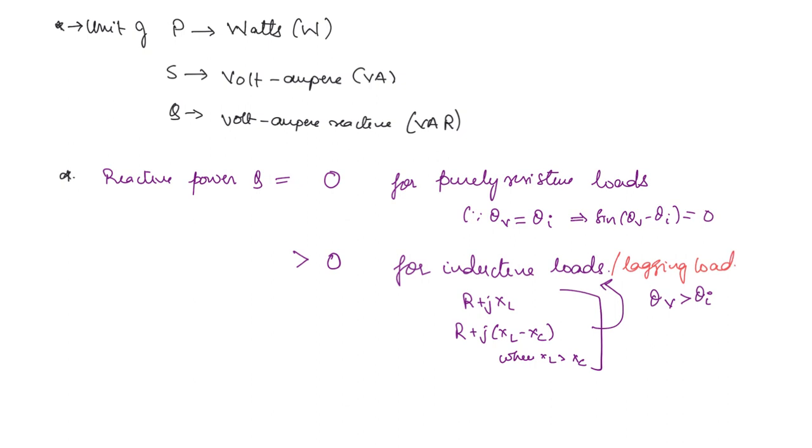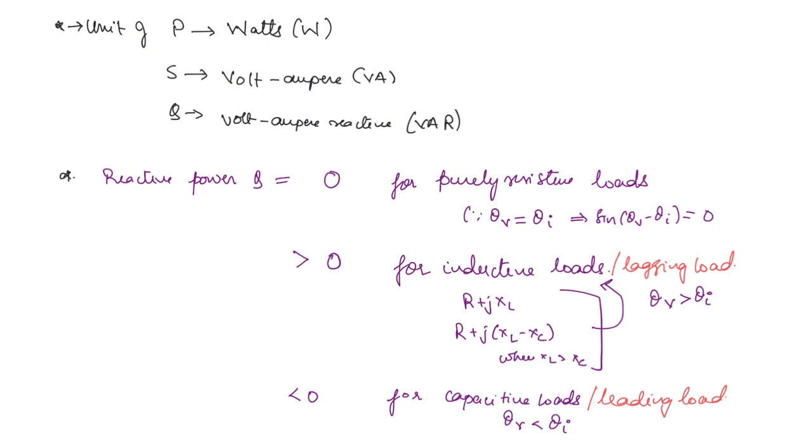And finally, for capacitive loads, Q is going to be less than 0. This is for capacitive loads, or it can also be called a leading load, since theta V will be less than theta I, that means the current phasor will always be leading the voltage phasor.